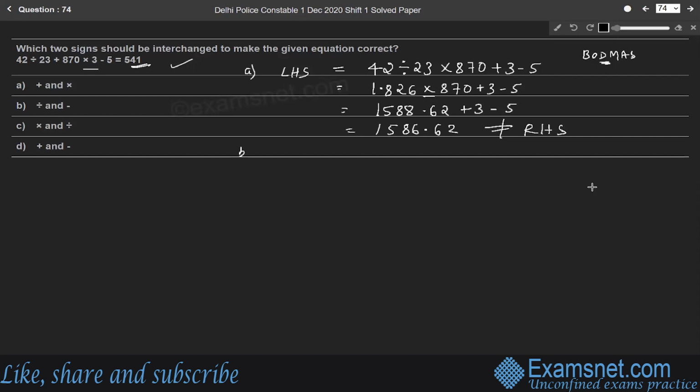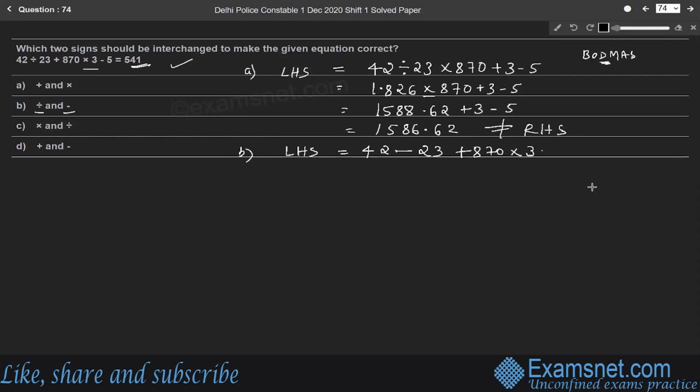So check with option B, where division and subtraction signs are interchanged. So the LHS becomes 42, so instead of divided by, it is minus 23, plus 870 into 3.